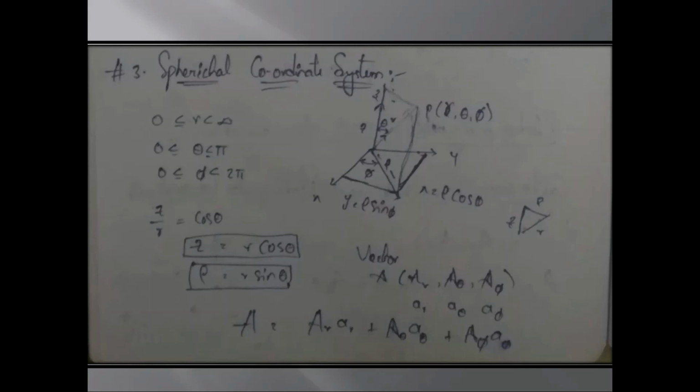In that plane, you can see the right angle triangle which consists of the angle φ. So the coordinates become y is equal to ρ sin φ and x is equal to ρ cos φ.